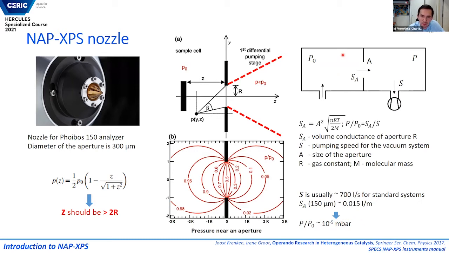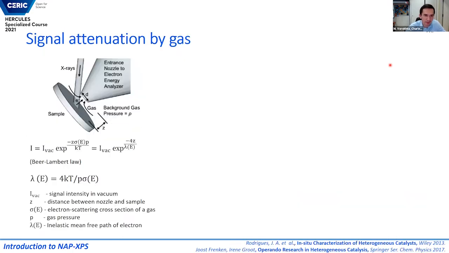So if you use 1 millibar in the first pumping stage, you should have 10 to the minus 5 millibar. It also tells you that you need more than one pumping stage, because 10 to the minus 5 is usually not enough for the analyzer to work.